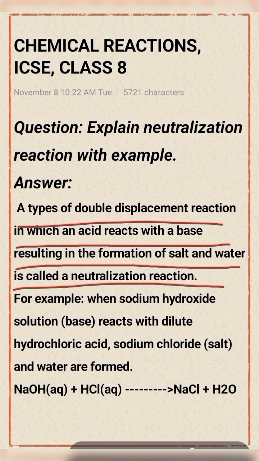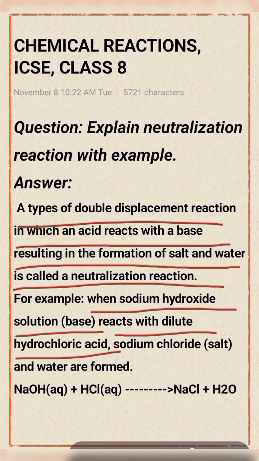For example, when sodium hydroxide solution, that is base, reacts with dilute hydrochloric acid, sodium chloride salt and water are formed. The chemical equation representing the neutralization reaction: NaOH, aqueous solution, and HCl, hydrochloric acid, aqueous solution, form NaCl, sodium chloride, and water. Okay.